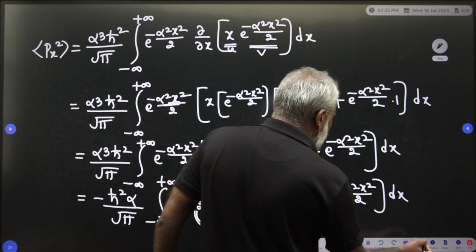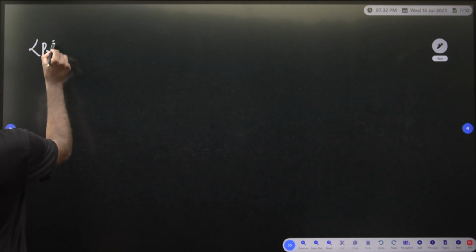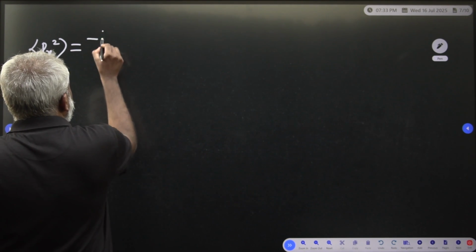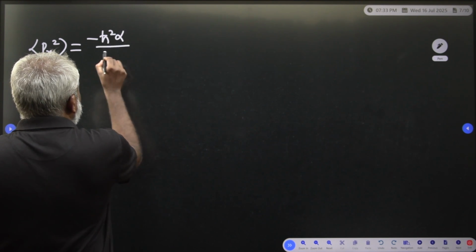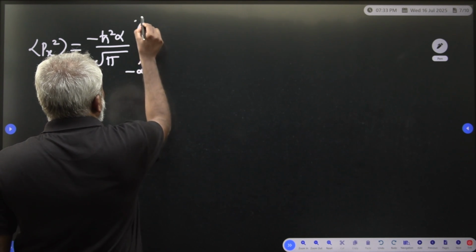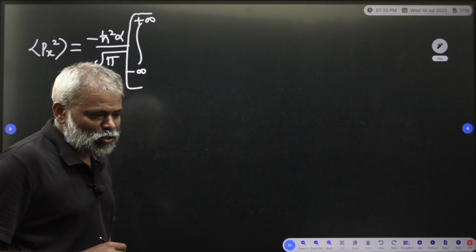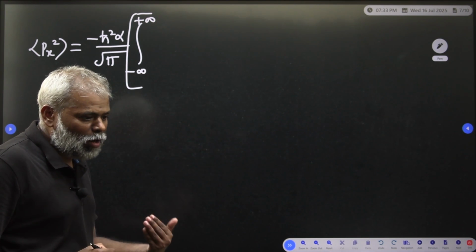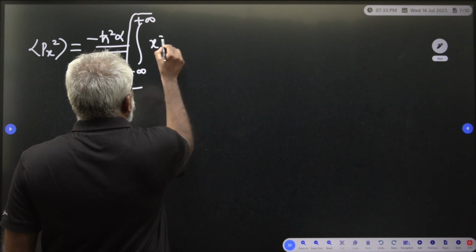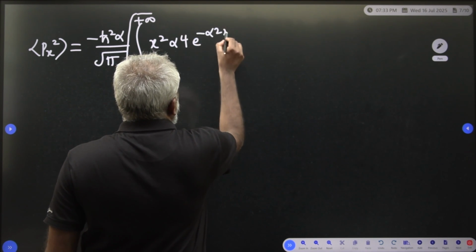You take the expectation value of p x square equal to minus h cut square into alpha divided by root pi into the integral from minus infinity to plus infinity. We have two integrations here, so I take the common term, e to the power of minus alpha square x square.